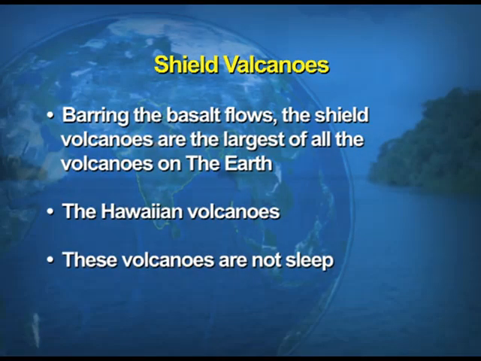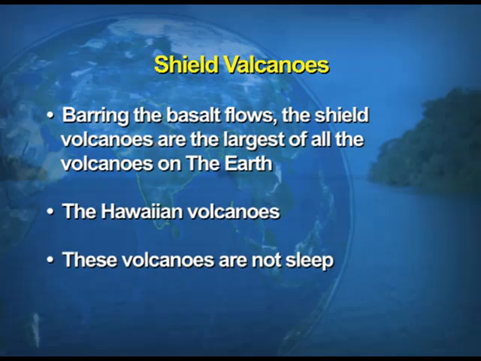There are different types of volcanoes. The main types we can identify are shield volcanoes, composite volcanoes, caldera, flood basalt and mid-oceanic ridge volcanoes. For shield volcanoes, a common example is the Hawaiian volcanoes.